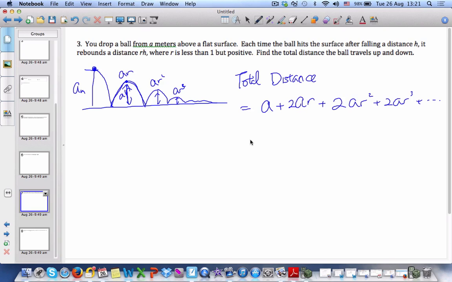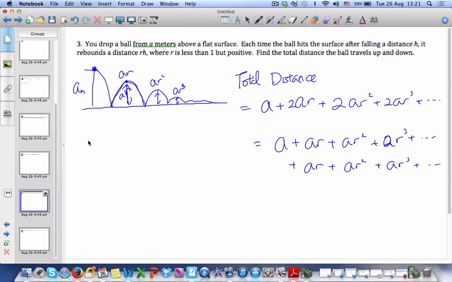So first way to think about it is, all right, now instead of doing 2 here, I'm going to say A plus AR plus AR squared plus AR cubed and so on, plus AR plus AR squared plus AR cubed and so on. So I'm adding all of these, right? So I can set up 2 different series, one for this top part and the second one for this one.